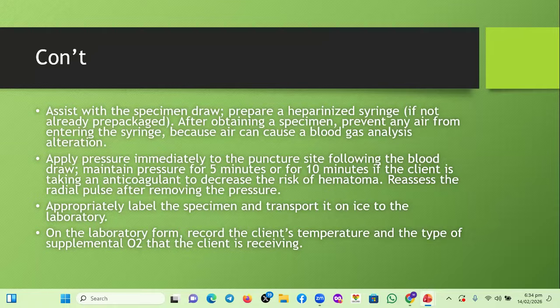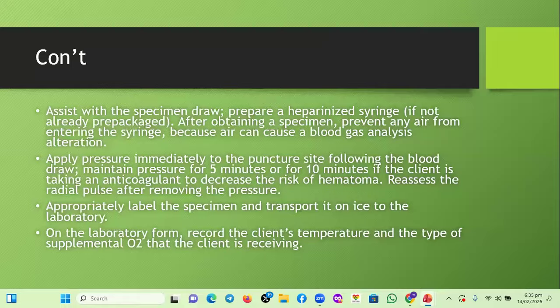Then apply pressure immediately to the puncture site after the blood sample has been taken, and maintain the pressure for about 5 to 10 minutes. For clients who are taking anticoagulants, you might have to apply the pressure for at least 10 minutes, but for a normal individual, 5 minutes will be enough.